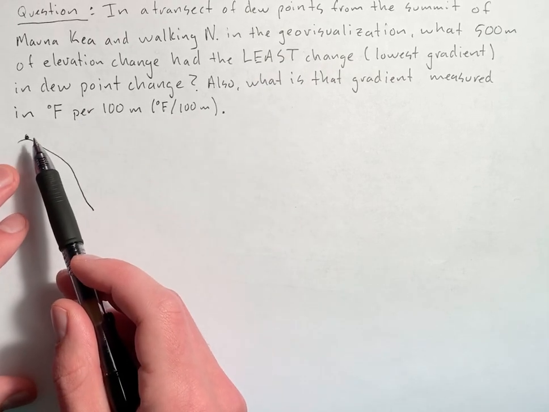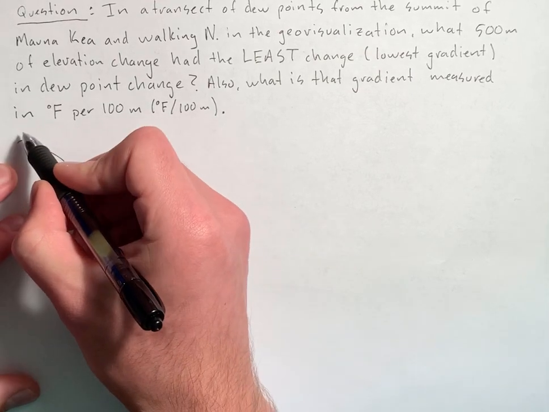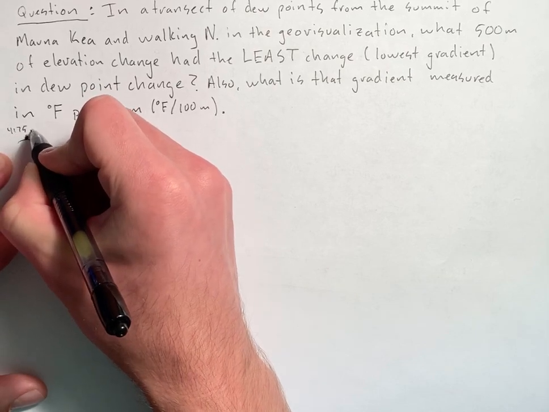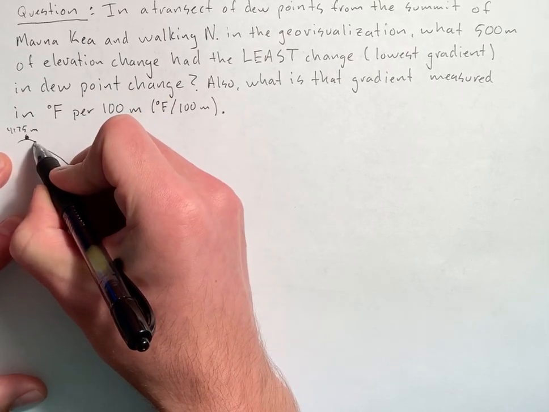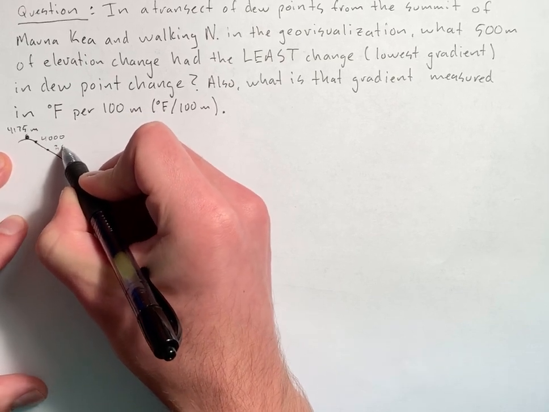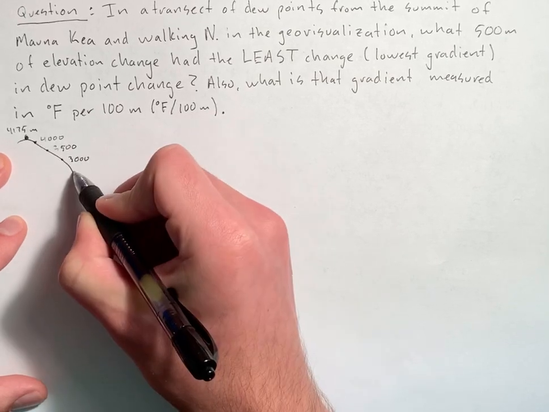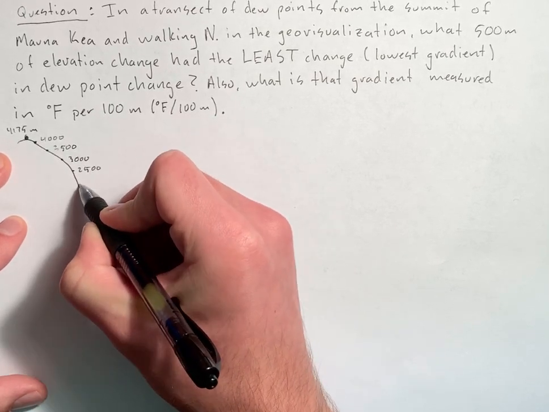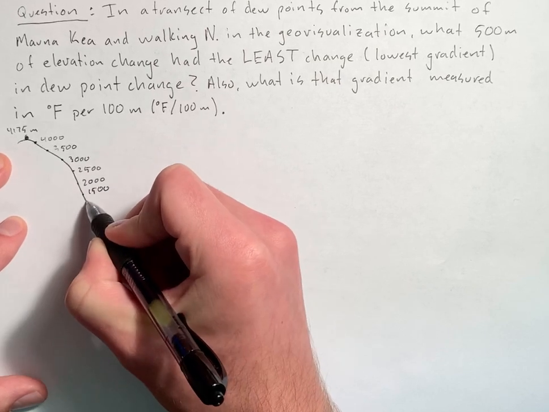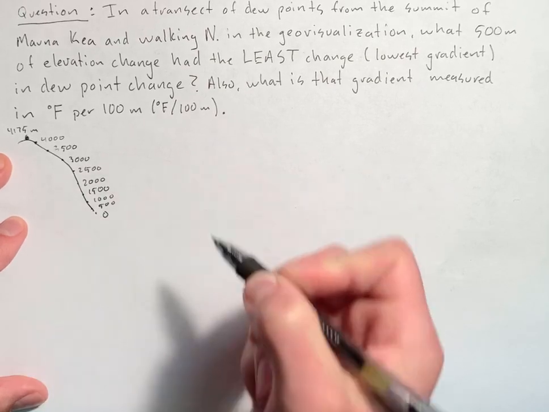And then the summit is at 4,175. So you're going to get dropped off at the summit, which is 4,175 meters. You're going to go down to 4,000, then 3,500, then 3,000, 2,500, 2,000, 1,500, 1,000, 500, and then sea level, so 0.